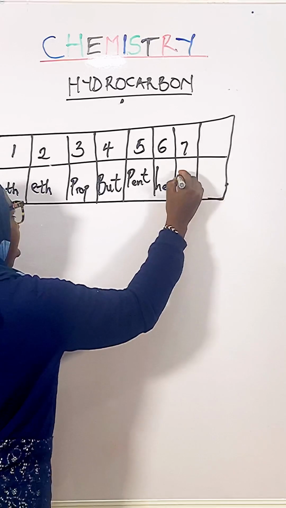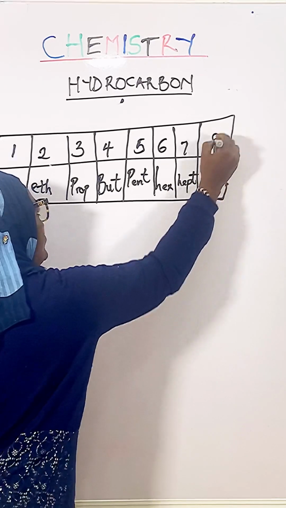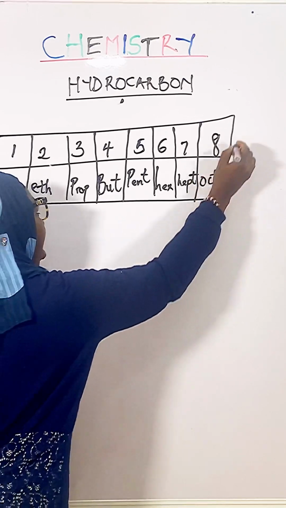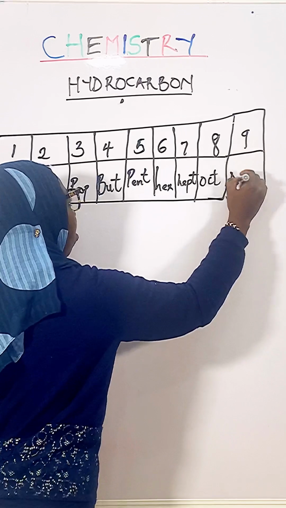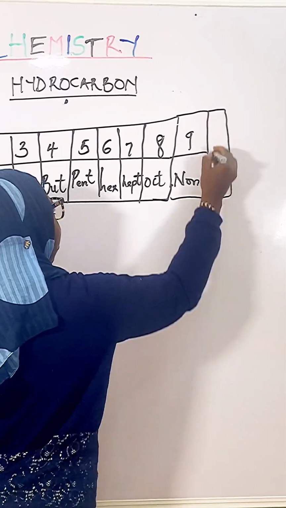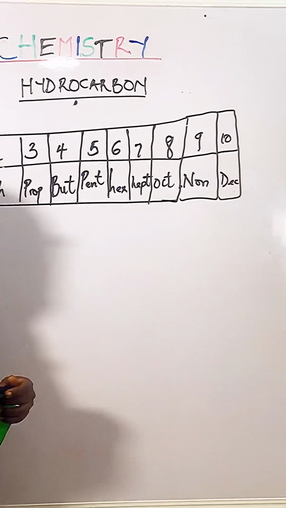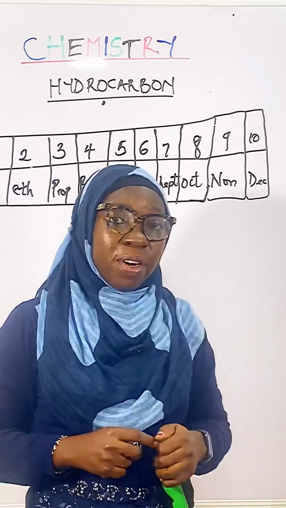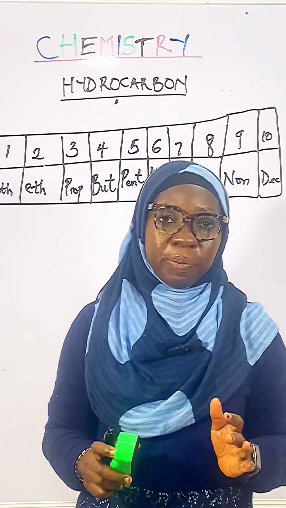Hept. 8 is what? Oct. 9 is what? Non. Right? And 10 is what? 10 is dec. Right? So, depending on the number of carbon that such compound contains, we determine their name.